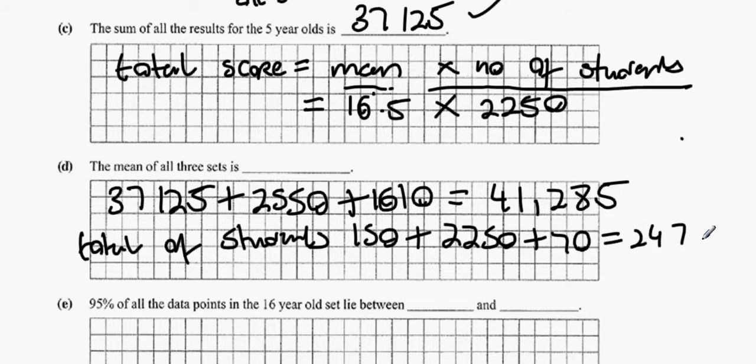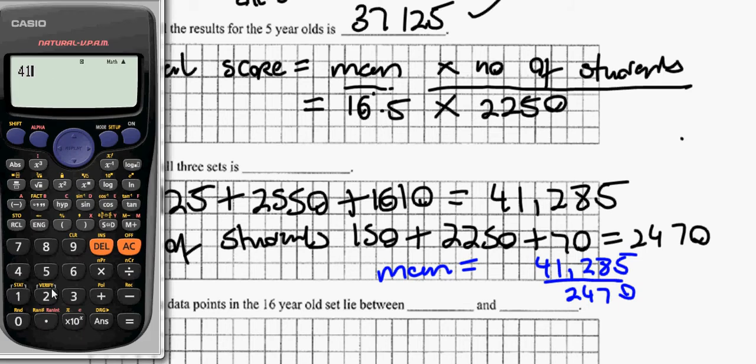Okay, and the mean therefore is going to be equal to 41,285 divided by 2,470, and what we get there is going to be 16.7.